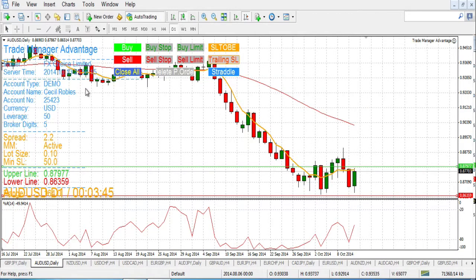So I've dropped my Trade Manager Advantage software on here, and as we can see, we have a pretty good spread distance between our two lines here. We've got about 163 pips here on the daily chart between the high of this candle and the low of this candle, where we would put our stops below these lows. So that's 163 pips. What we would gain out of this, not quite sure.